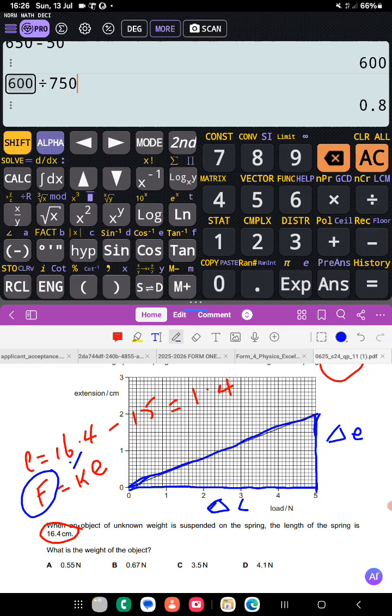So the gradient is going to be the change in extension divided by the change in load.